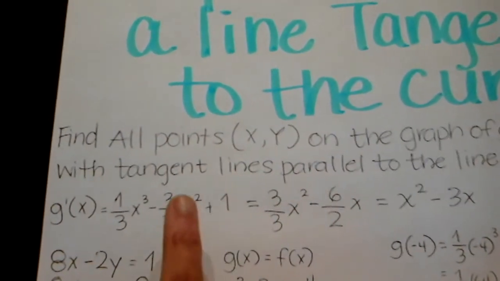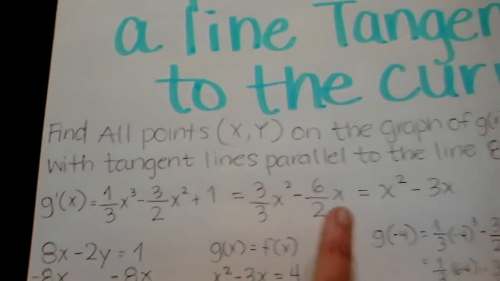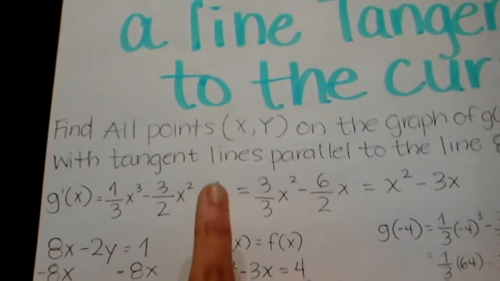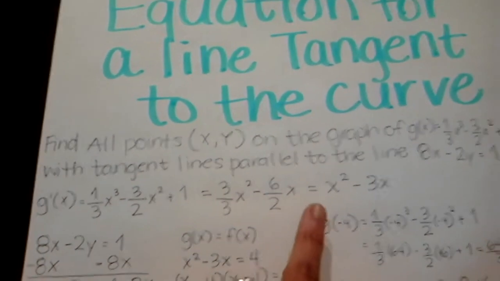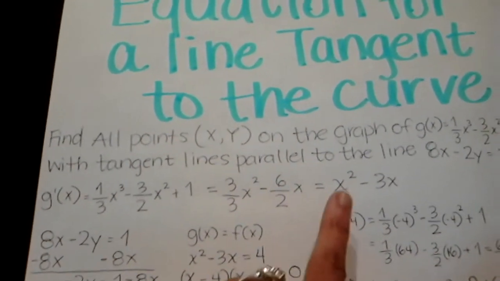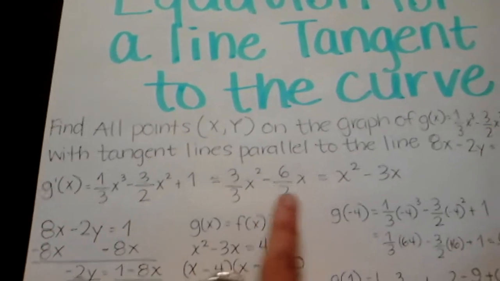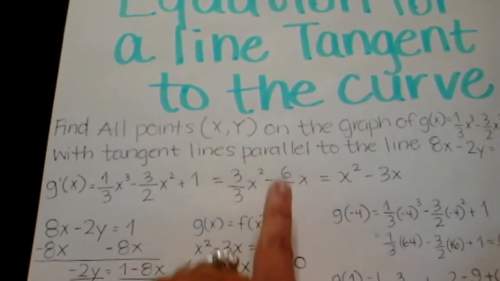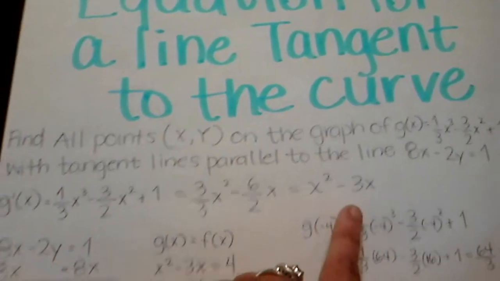Minus 3 times 2 gives you 6, so it's 6 over 2x to the second power. 2 minus 1 is 1, so it just gives you a single x variable, equals x squared, because 3 now becomes 1, you don't have to write the 1, minus 3x. 6 divided by 2 equals 3, and then you carry over the x.